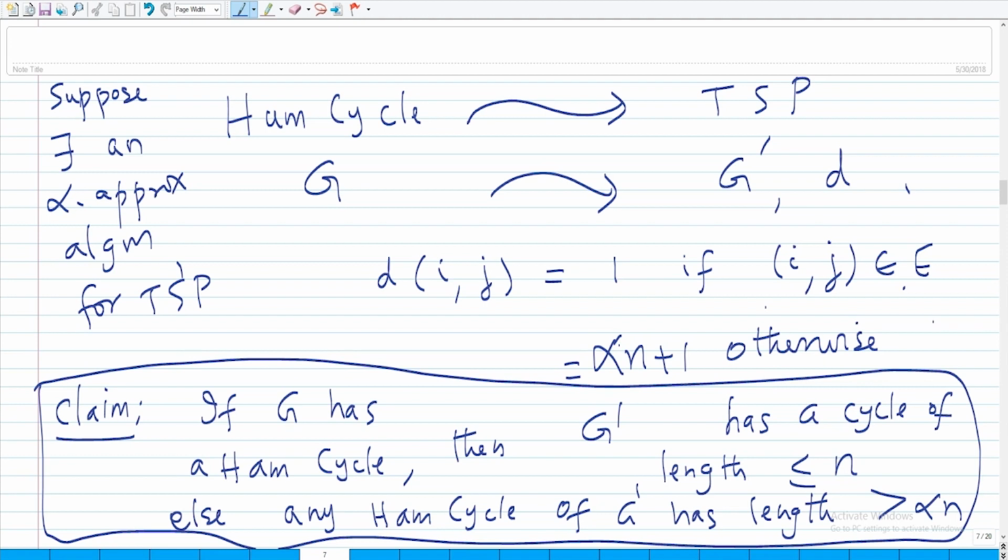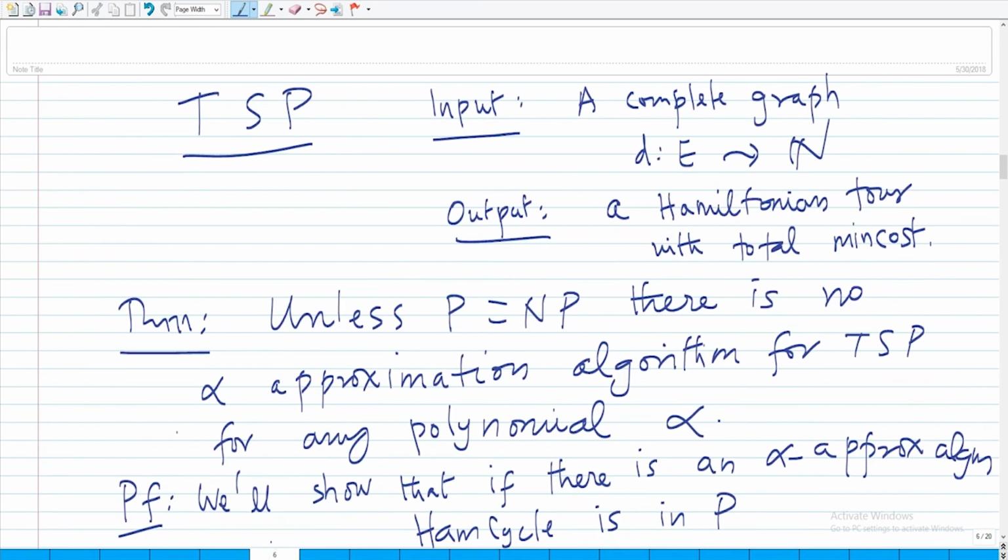There are no alpha n length cycles except the original Hamiltonian cycles. Okay. So, that shows the proof of this, that an alpha approximation algorithm for TSP can be used to solve the existence of the Hamiltonian cycle in a graph.